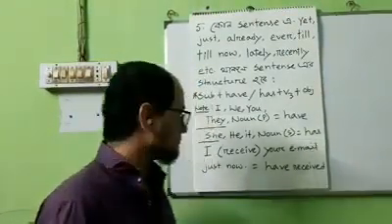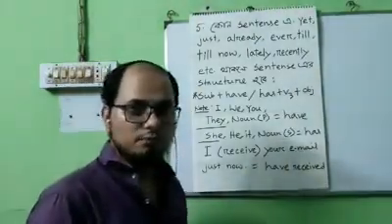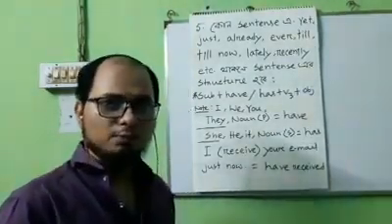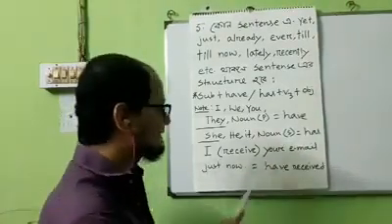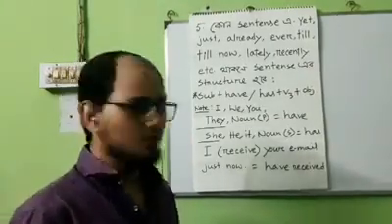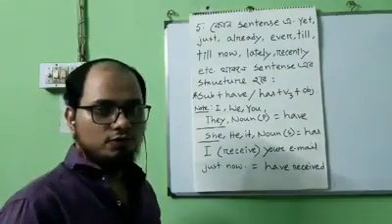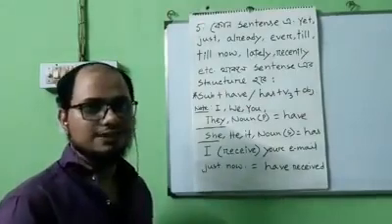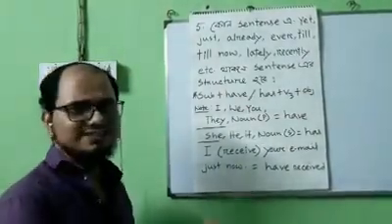Then the correct form of verb will be have received, because a moment ago we came to know that I takes have as auxiliary. So the sentence will be: I have received your email just now.